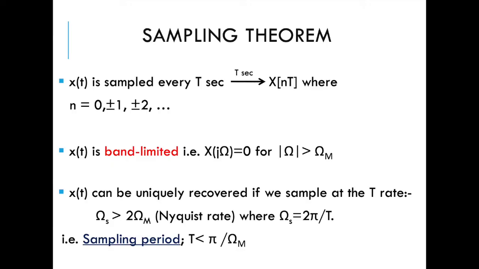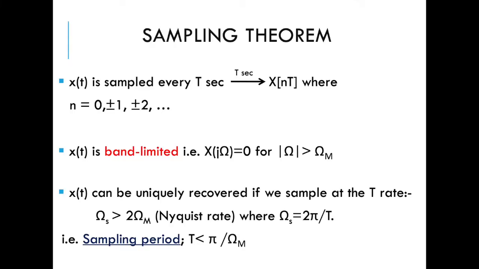Slide number 13 is on the sampling theorem. So x(t) is sampled at every T seconds. That's why we have x(nT), where n equals 0, plus minus 1, plus minus 2, and so on. x(t) is band limited if X(j omega) equals 0 for omega greater than omega m, and x(t) can be uniquely recovered if we sample at the right rate.